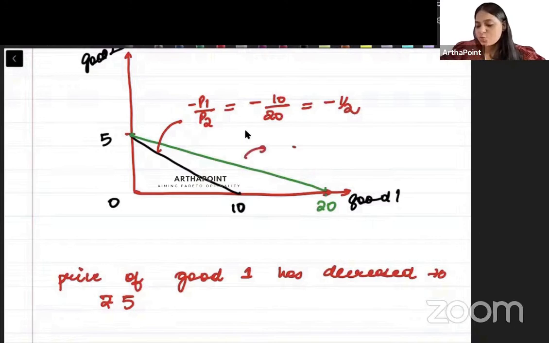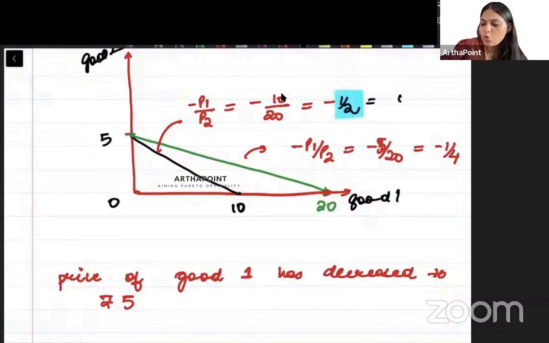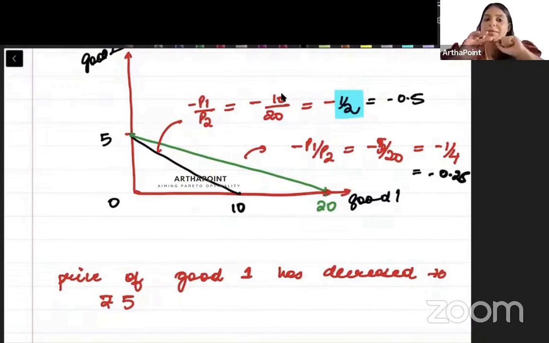Now the slope will be minus P1 by P2, minus 5 by 20, minus 1 by 4. So in absolute terms, the slope has reduced, isn't it? Earlier the slope was half, that means 0.5. Now the slope is 0.25. The slope has reduced, so the line will become flatter. Whenever the slope decreases, the line becomes flatter.